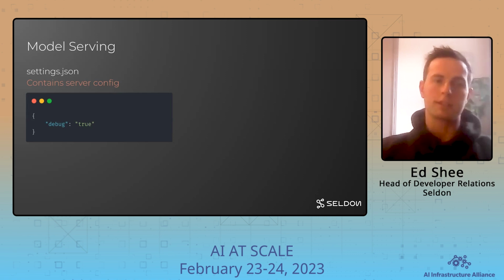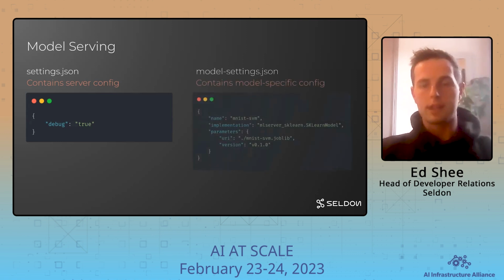The first is settings.json, which is the config for the actual server itself. The second is model-settings.json, which is the model-specific config. For each model that you might want to serve, you need to provide a little bit of configuration around what it is and how to access it and how to serve it.